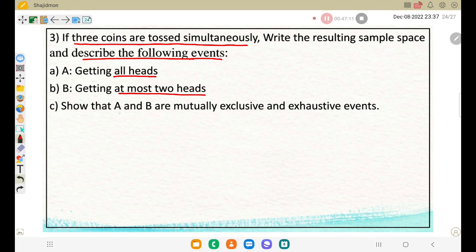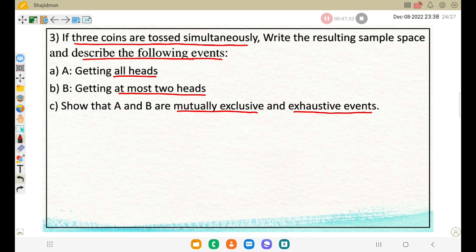Then show that A and B are mutually exclusive and exhaustive events or not. So we need to do many things here. First we need to find the sample space. After that we need to check these events. Then mutually exclusive or exhaustive, we need to check that.